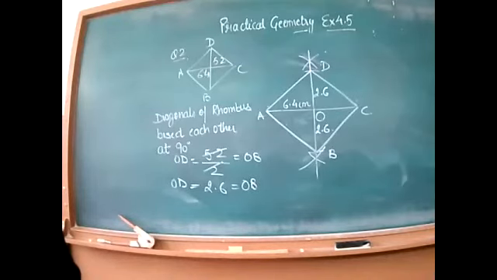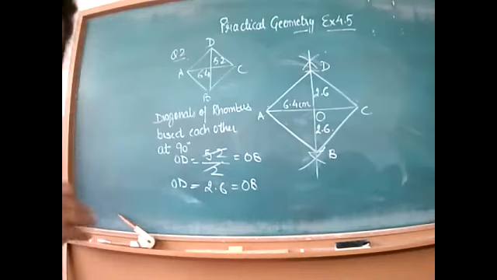Then the third step. Draw two arcs of 2.6 centimeter from O on either side of AC. Either side means in the upward or in the downward direction. Okay, and name them B and D.